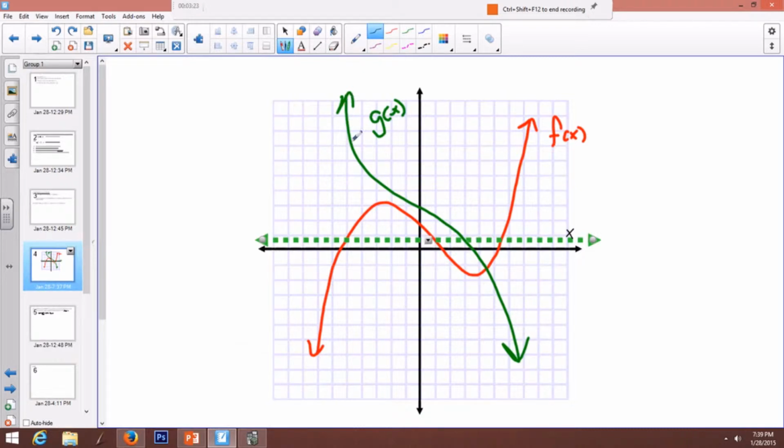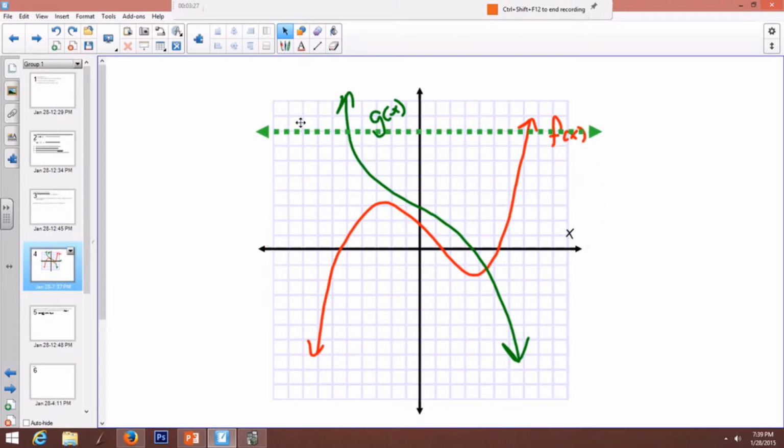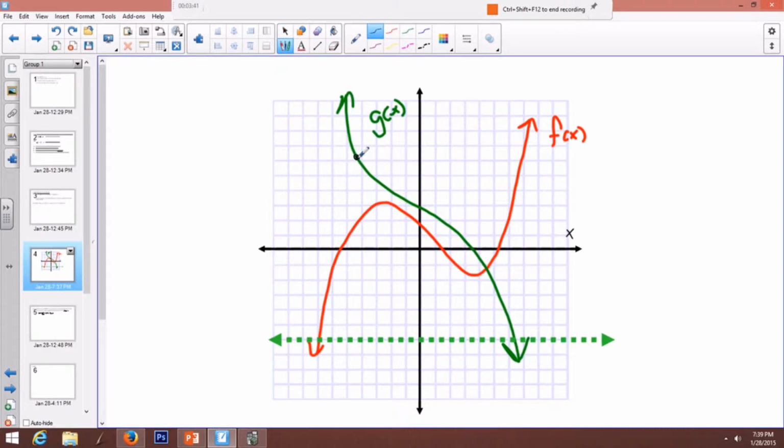Now, the green function here, no matter where we move our horizontal line and our vertical line, it only crosses that vertical or horizontal line one time. So any time that you pick one x value, say x1, there is only one corresponding y value.